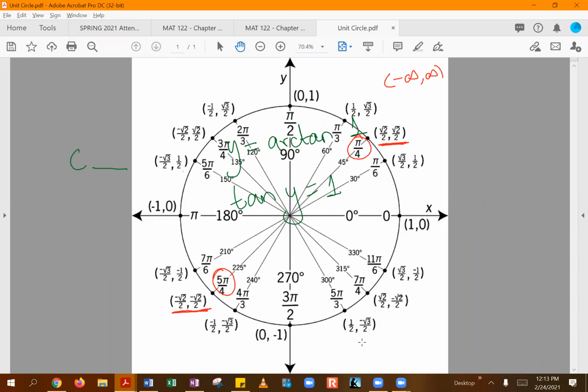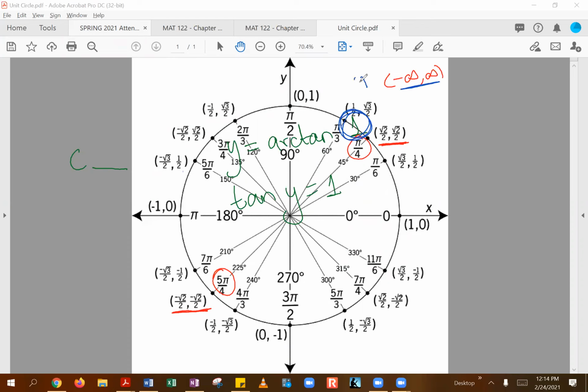-infinity to +infinity for the x value, technically that means this number 1 over here can be anything from negative to +infinity. So that's the domain. But as the range goes, remember the range is going from -pi-halves to +pi-halves.